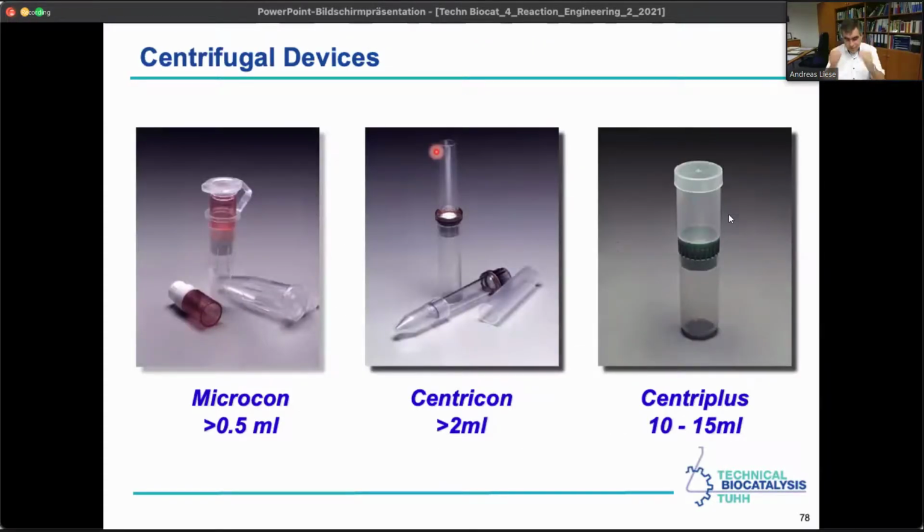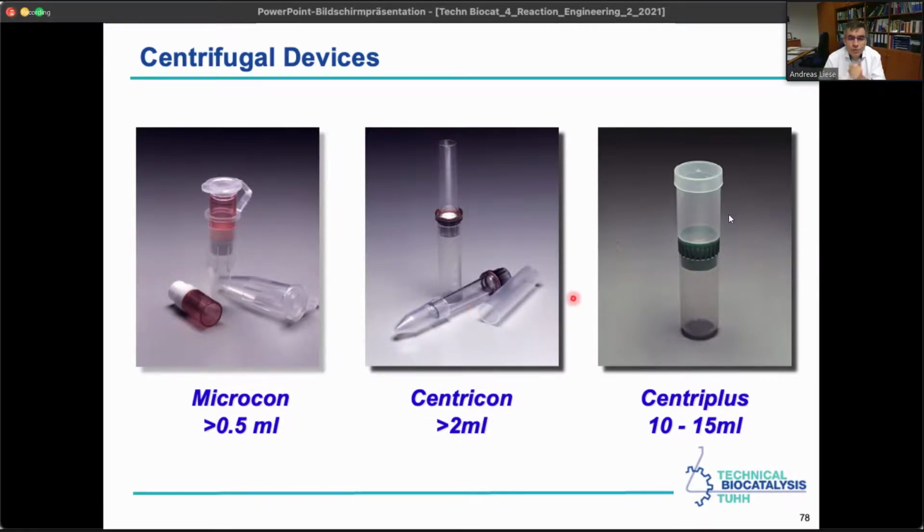Now, how do such systems look like? What we see here are centrifugal devices. These are like small Eppendorf caps, and you can insert the small beaker that you can see here, and in the middle, in the white and the red part, there's a filtration membrane.